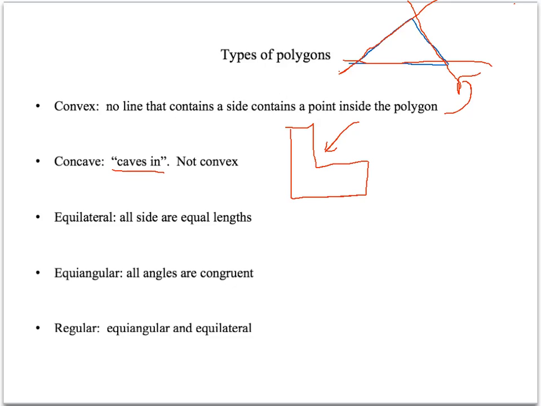Also, if I drew the lines that contain this side and this side, both of those two lines go inside the polygon. So that's a concave polygon.